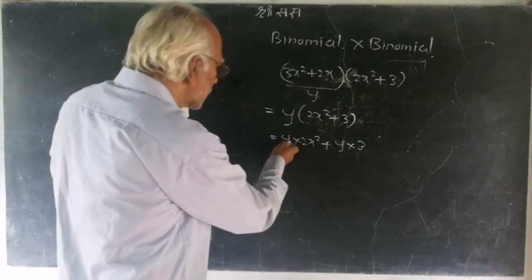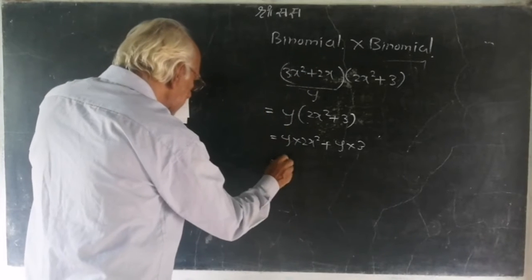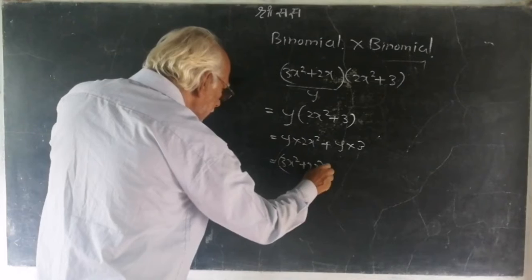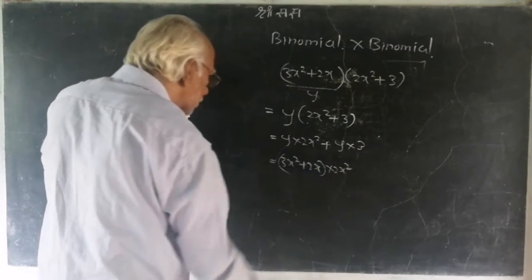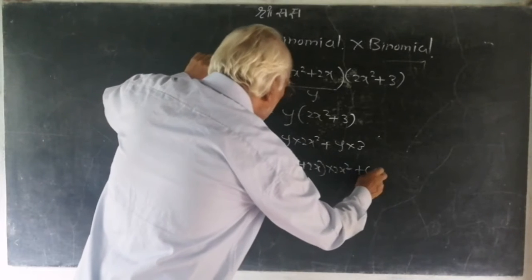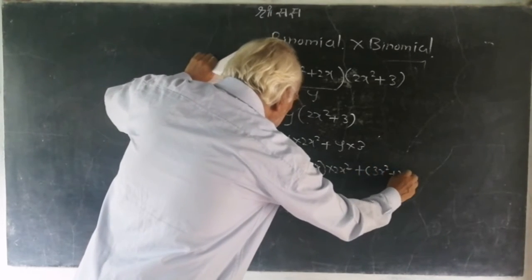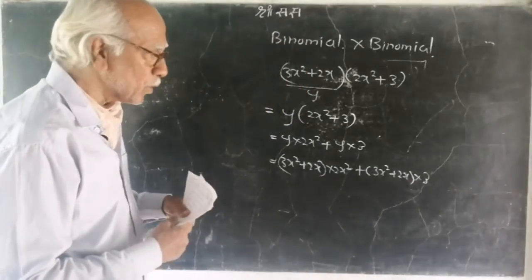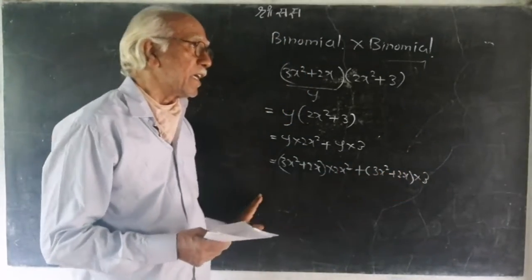Now you can substitute for y. What our y is? It is 3x square plus 2x, then into 2x square. And this y is 3x square plus 2x, and what is outside? Into 3. So here we will be distributing from the right.